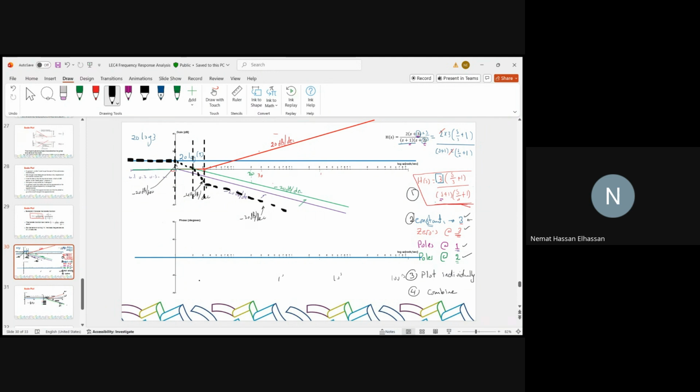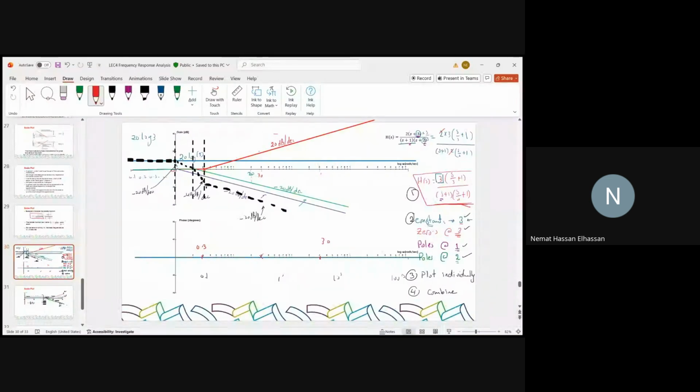So these will be 0.1. The scale, I'm just referring to the decade. So we have a 0 at 3, which is this point over here. What I will do is I'm going to look at 1 decade prior and 1 decade after, or in other words, I'm going to look at 0.3 and I'm going to look at 30.